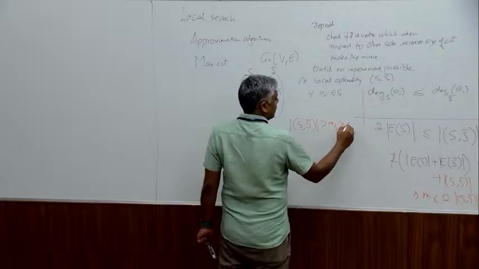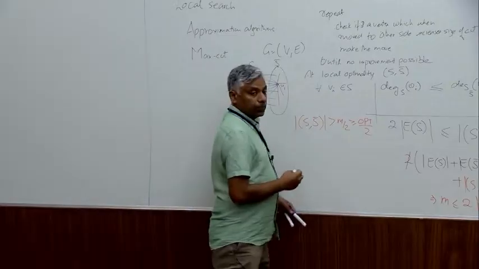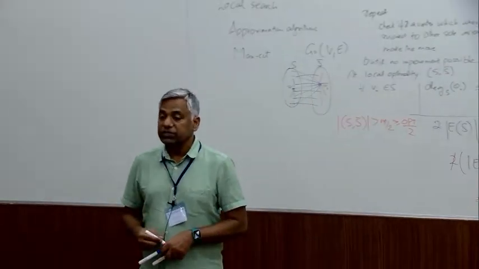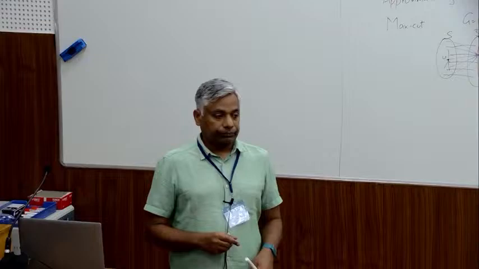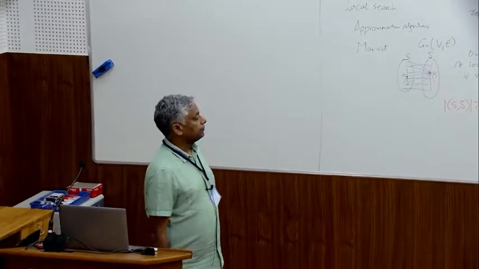And this is definitely more than optimum by 2. Why? Because optimum cannot be more than the total number of edges in the graph. Yeah? Simple? So this gives us a half approximation to the optimum.